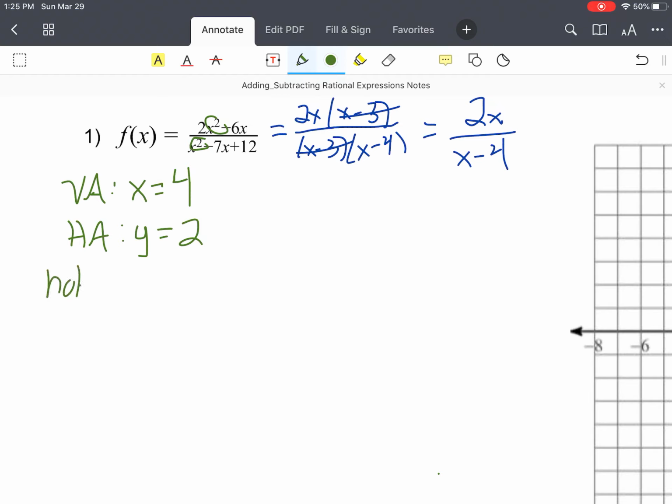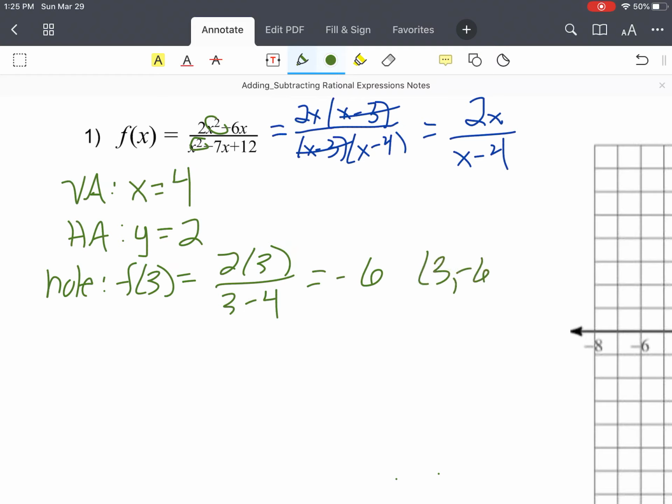Okay. Let's see, we do have a hole. Now we cancel out a 3, so that means that's going to be our x point. But now we've got to find f of 3 to get our y point. So we have 2 times 3 over 3 minus 4. That's going to be negative 6. So the hole is at 3, negative 6. Okay.